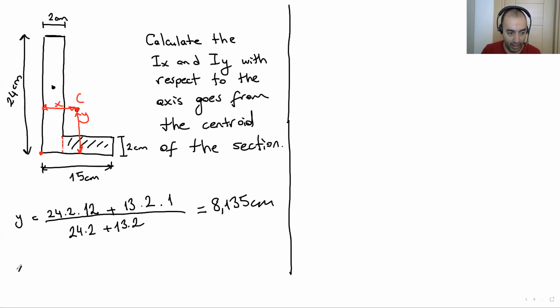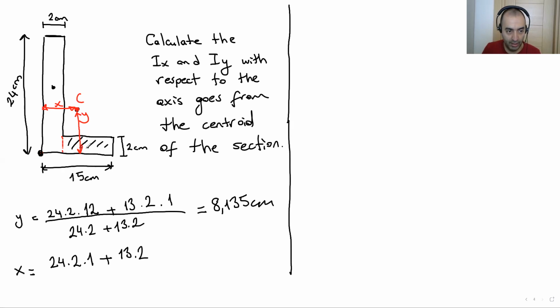Let's do it for x. Area here is for this one again times distance to this vertical line in x direction, which is 1, plus area here is again distance to this point.